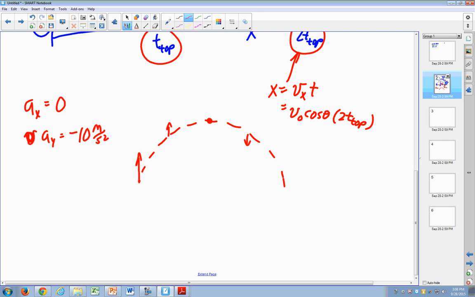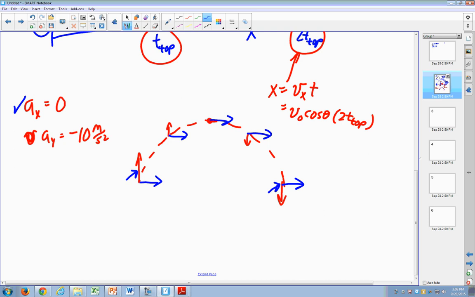Then it gets bigger, but in the negative direction. So at different times, like here and here, the velocity in the y direction is equal in magnitude, just opposite in direction. Similarly, for the velocity in the x direction, since the acceleration is 0, that velocity does not change, so it just goes along the entire time like that.